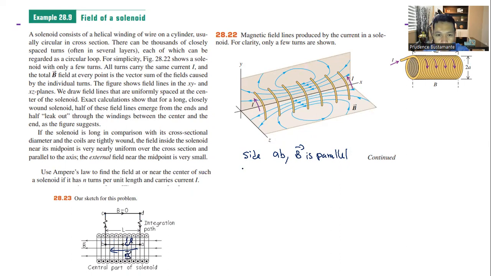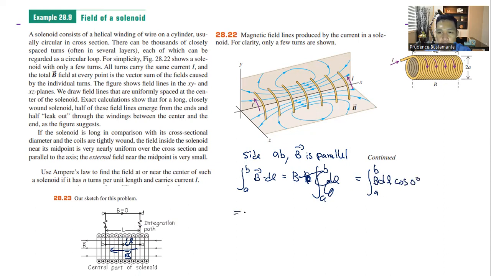Okay, so meaning the integral from A to B of the magnetic field dot dl is just equal to B times L. So this is length L. So actually, this is integral from A to B of B dl cosine of 0.